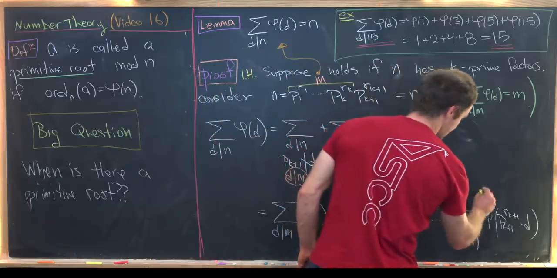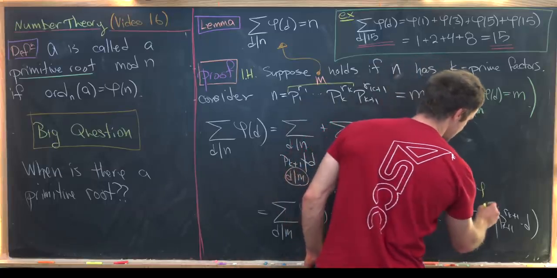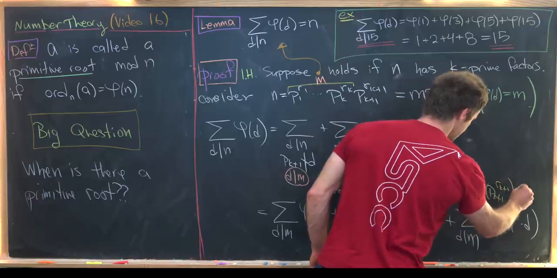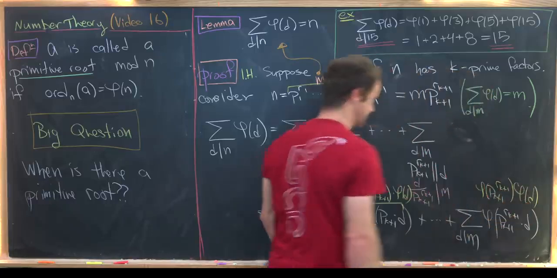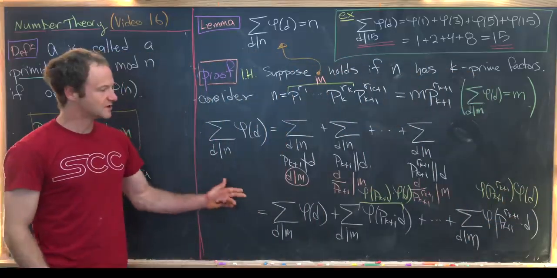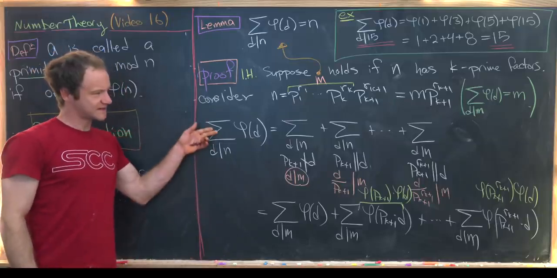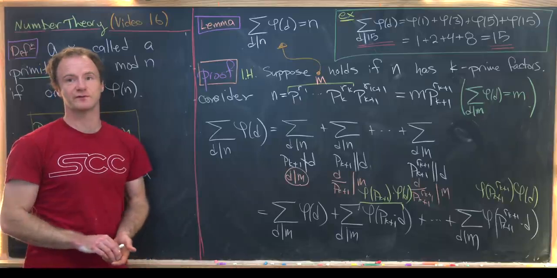And then similarly right here, we can take this as phi of p sub k plus 1 to the r sub k plus 1 times phi of d. Okay, so now let's keep that in mind and bring that up to maybe this stage right here, and we can finish this proof off.